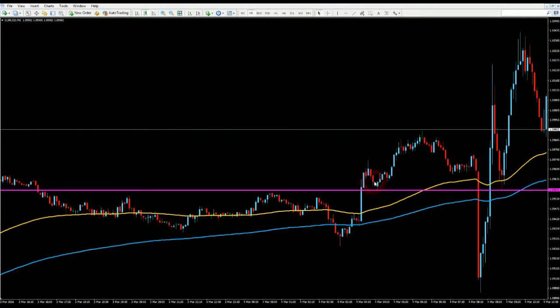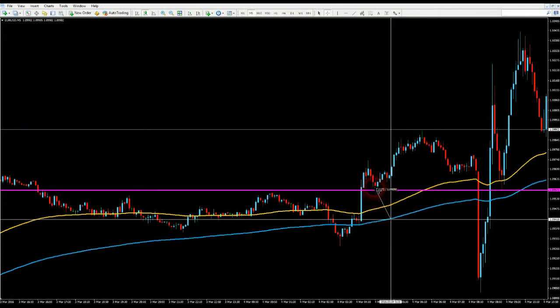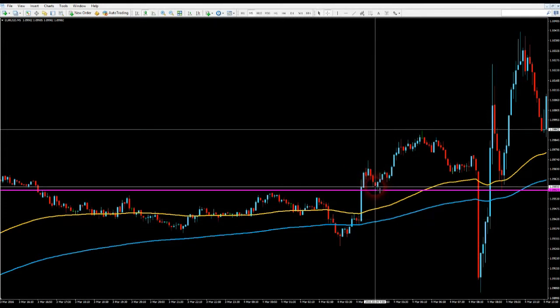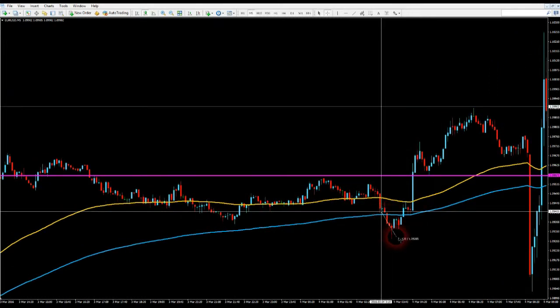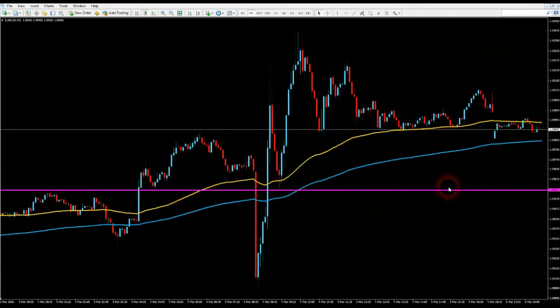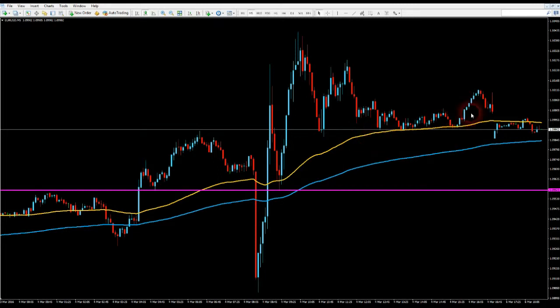But this higher low here was at a great distance from the moving averages, from both of them actually, and the trend was stronger, and you had a secure call trade at this entry, but not here as it crossed the EMA downwards. So this is another use for the moving averages. The distance tells you a lot about the strength of the trend.